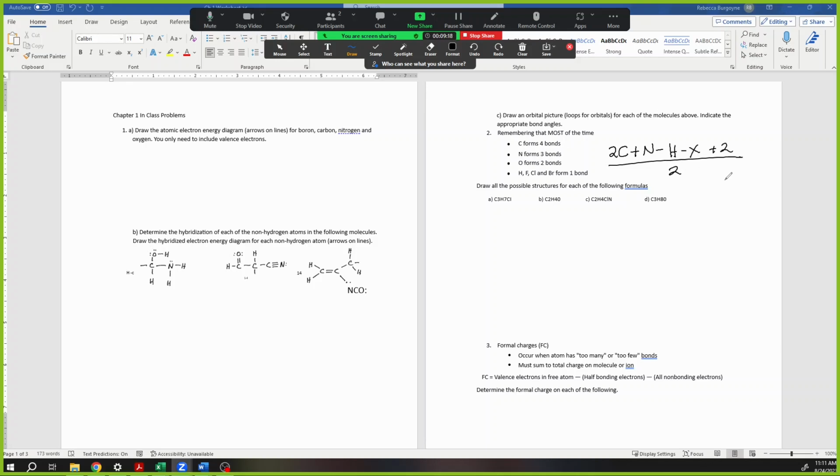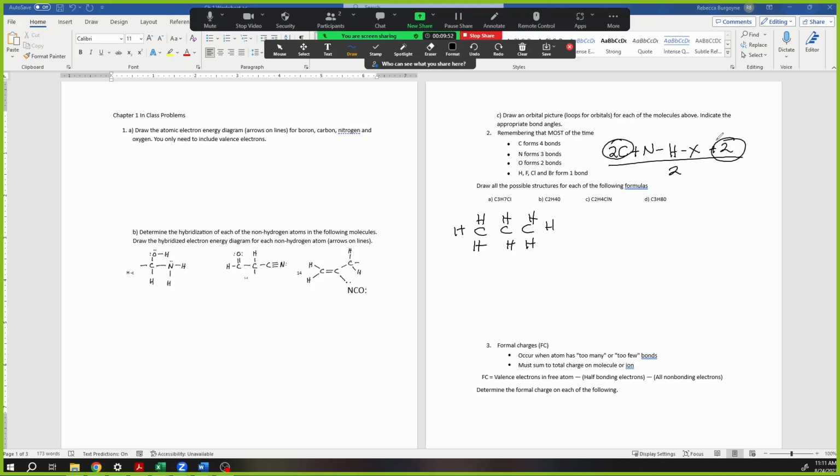Now, the reason for this is, if you remember, we went over this last time, but if you have 3 carbons, how many hydrogens are you going to need to fully fill this out, right? You're going to need 2 for each of the carbons, and then you're going to need 1 on each end. That's why it's 2 times a carbon plus 2.